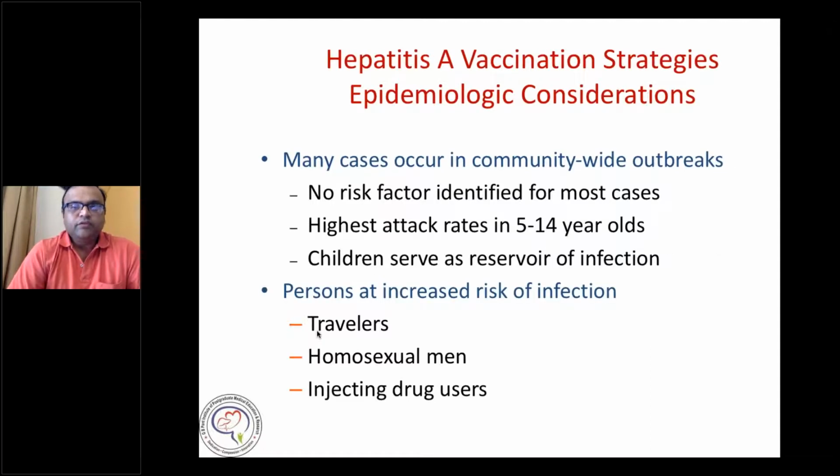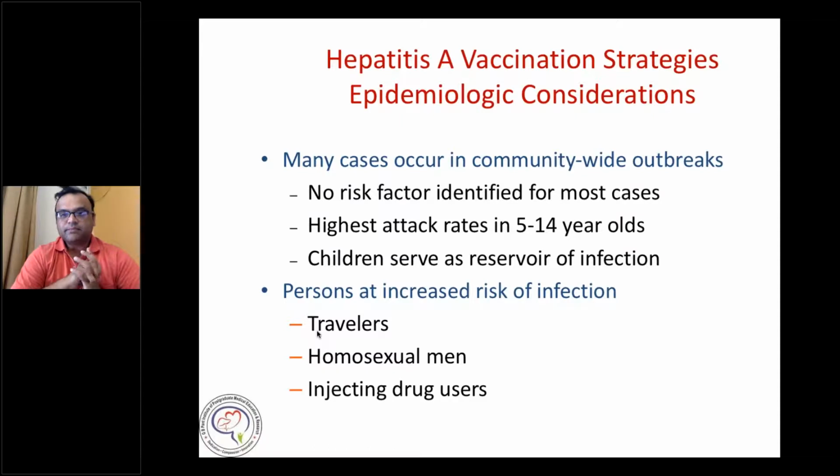If you want to get rid of hepatitis A, the most important thing is that vaccination should be given. You have to take full care of that. The highest attack rate has been reported between 5 to 14 years of age.